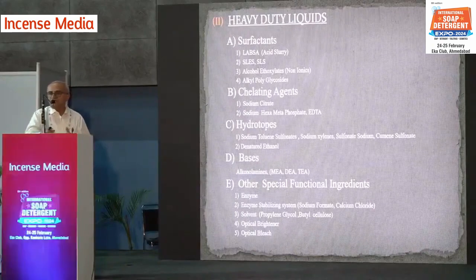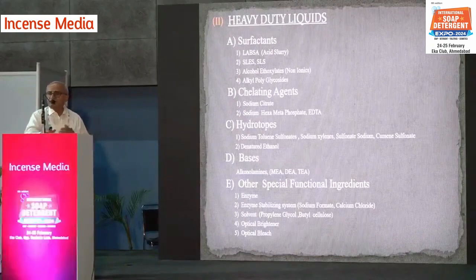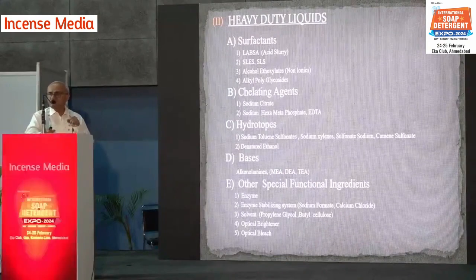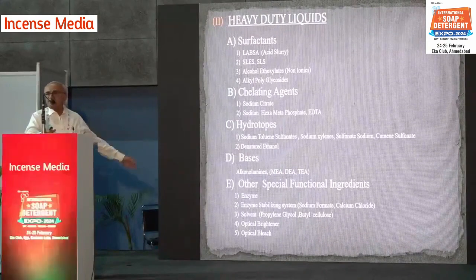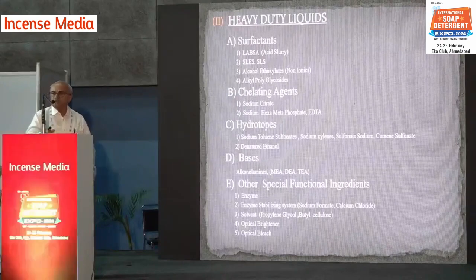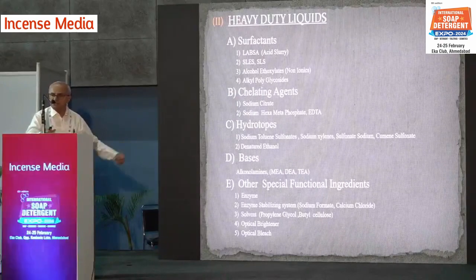So if we want to make a liquid detergent with a higher percentage of active matter, say 30, 35, then we can neutralize it with monoethanolamine, diethanolamine or triethanolamine.